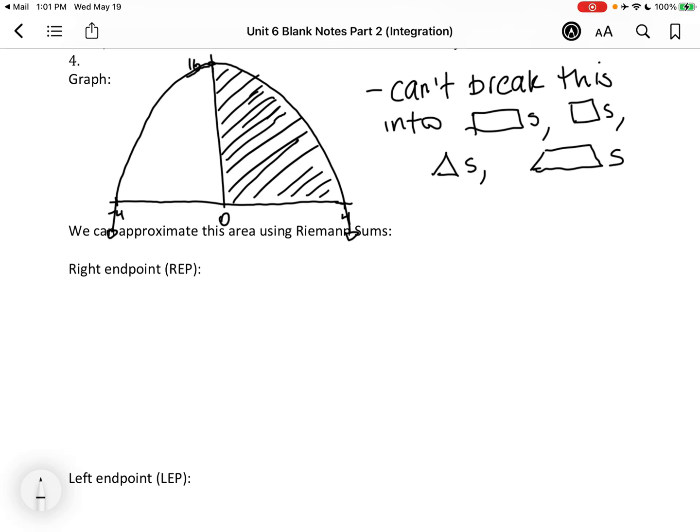This process is called using Riemann sums, because there was a man named Riemann who was the first person to ever do this. And so I'm going to show you what that looks like.